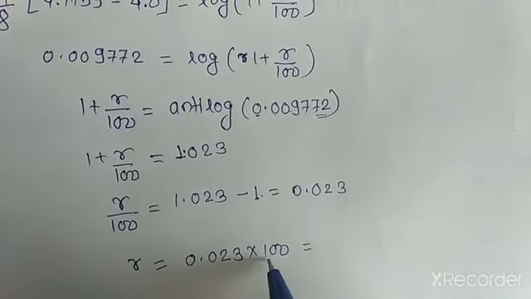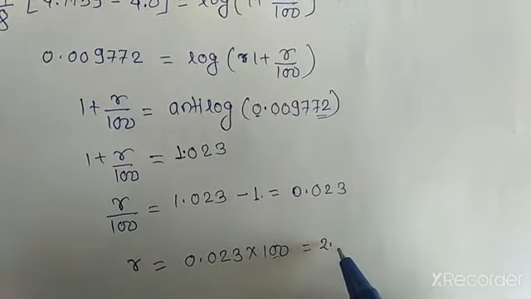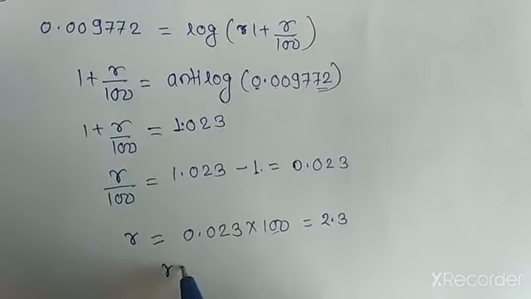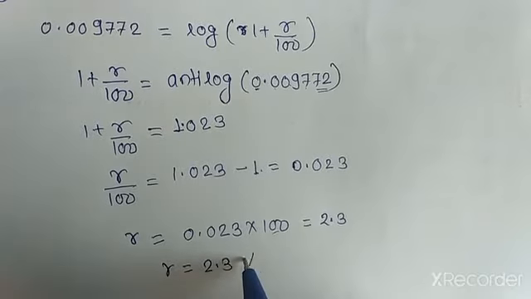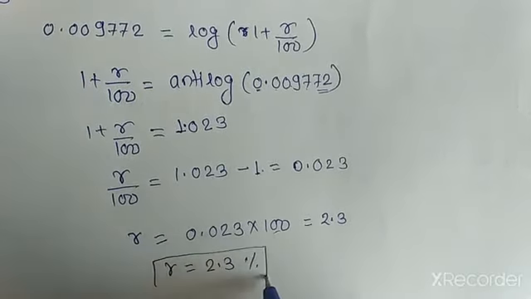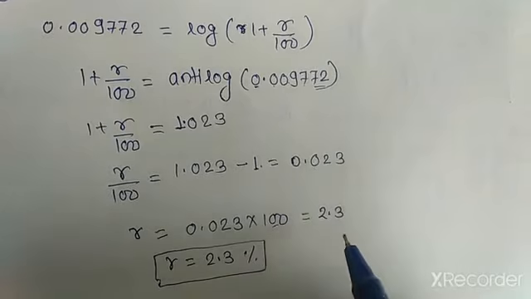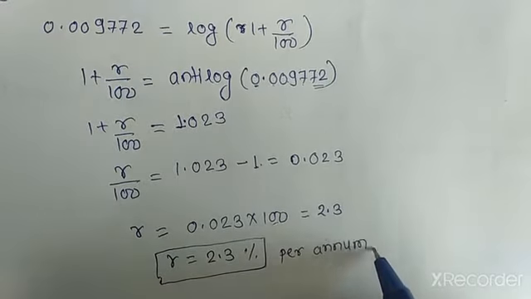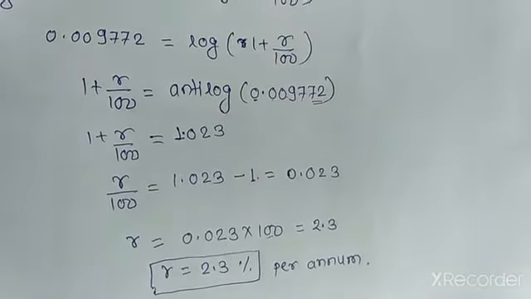So this calculation will give 2.3. So r is equal to 2.3% per annum. Okay, which is our required answer.